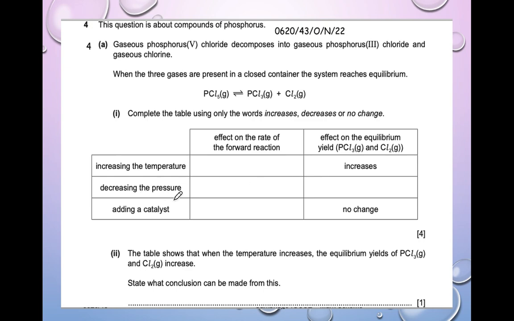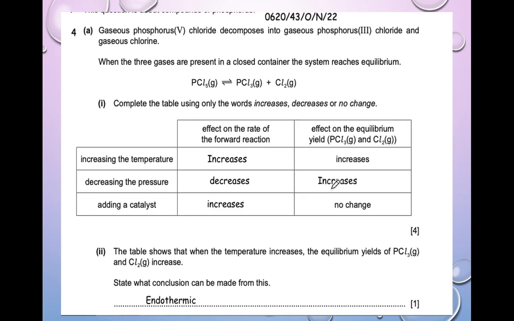Let's move to the pressure. What will happen to the pressure here? The yield increases when the pressure decreases. How did I get the answer here? I will count here 1 mole, and here 1 mole, and here 1 mole. So how many moles in the reactants? 1, and 2 moles for the products.